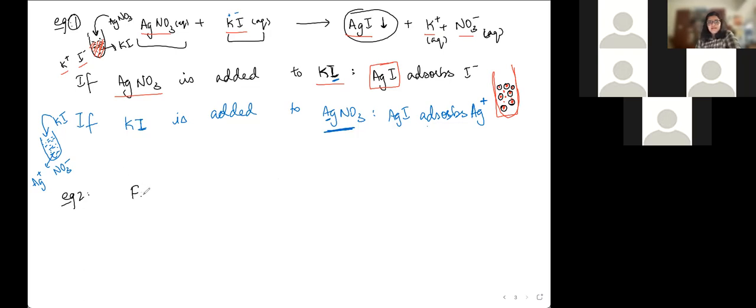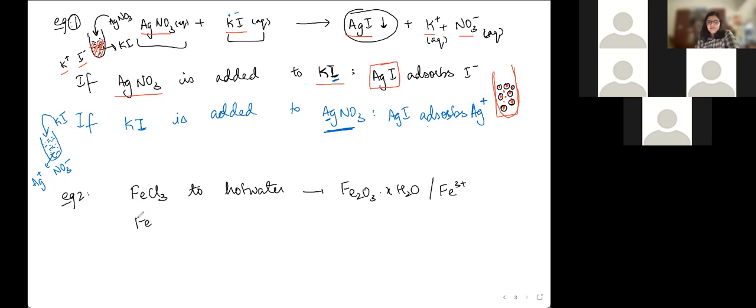If I add FeCl3 to hot water, then I get a hydrated metal oxide, Fe2O3.xH2O. This is going to adsorb Fe3 plus.